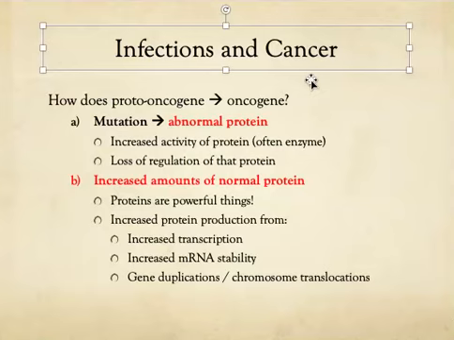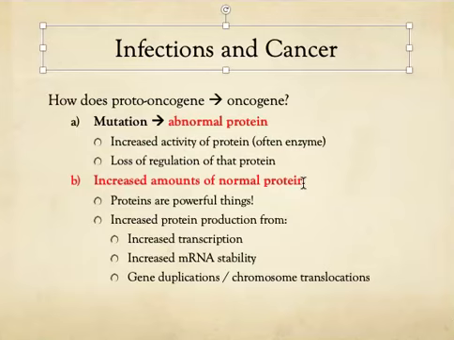The first way is that this proto-oncogene begins to make an abnormal protein, and there's only one way that can happen. We have to see a mutation in the proto-oncogene. And the second way is that we don't have abnormal protein, we have perfectly normal protein, but it's made in increased amounts. That is an alteration of gene expression.